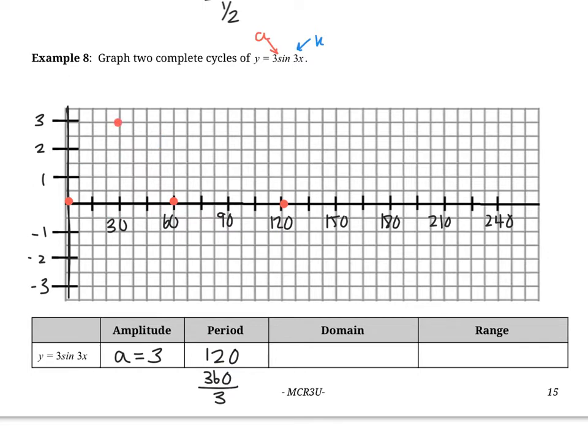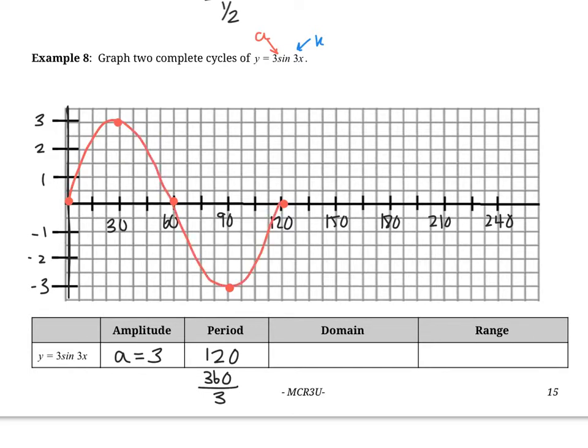So we're going to put a dot at 3, and then it's going to reach its lowest value in between 60 and 120, and at that value it's 90. So at 90 degrees, it's going to hit a minimum value of -3 since the amplitude is 3. So let's go ahead and connect them into a continuous curve.